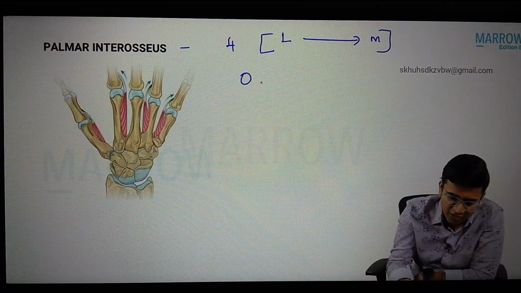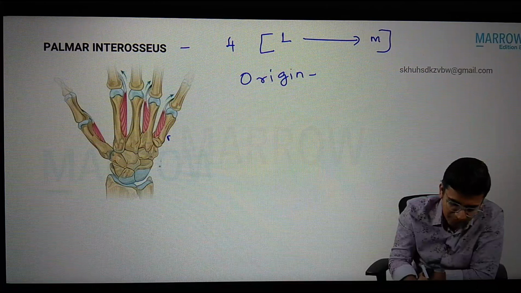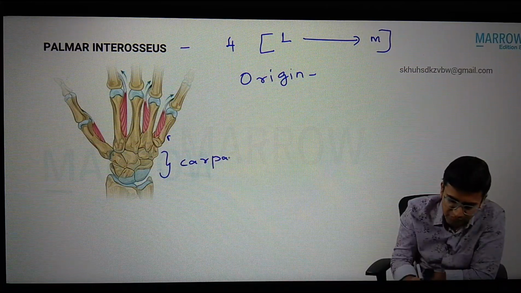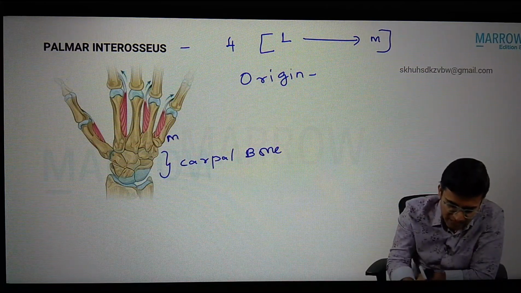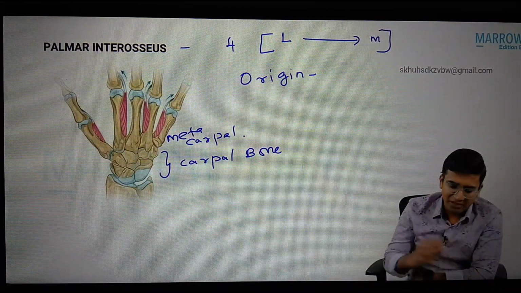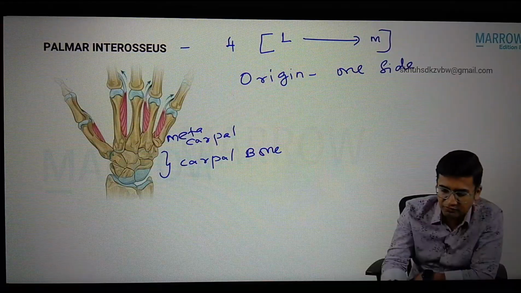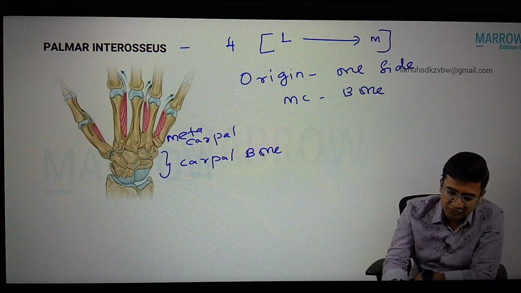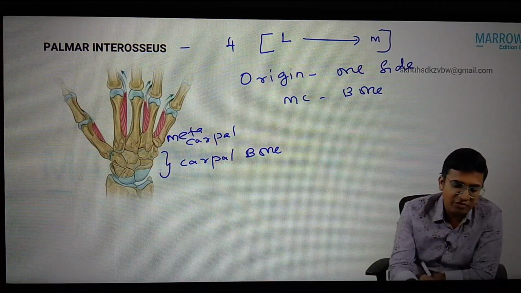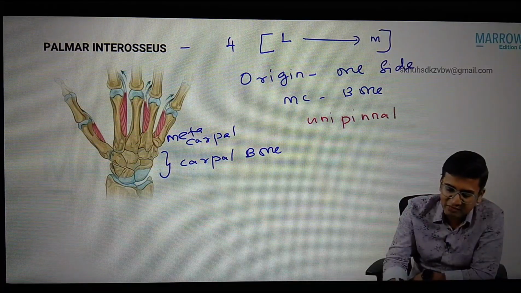Palmar interosseous originate from the metacarpal bone. This is a carpal bone. This is the metacarpal bone. Palmar interosseous take origin from only one side of the metacarpal bone, so it has only one slip of fibers. That means palmar interosseous is a unipinnate muscle.